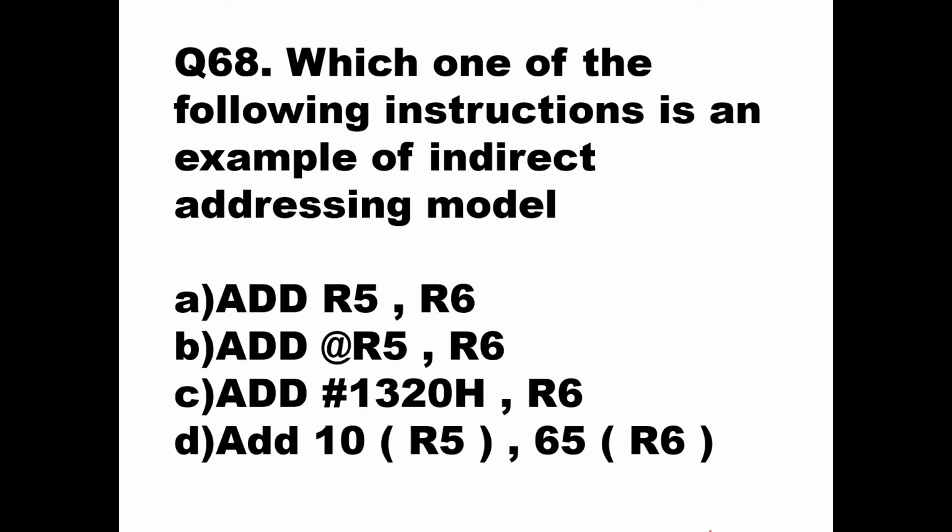Question number 68. Which one of the following instructions is an example of the indirect addressing mode? For MSP430, which is the indirect addressing mode? Now here we see the instruction which is given in option B. It is the indirect addressing mode.